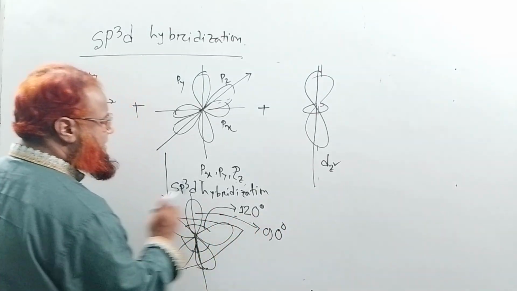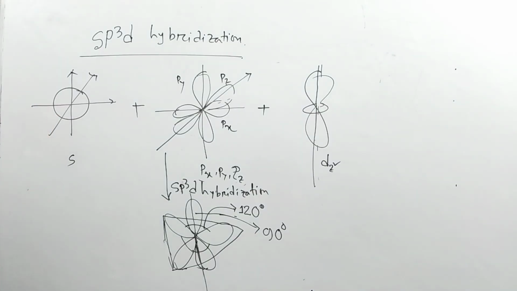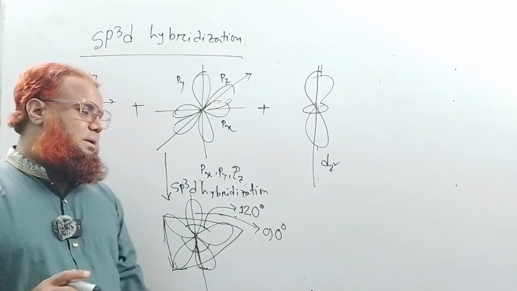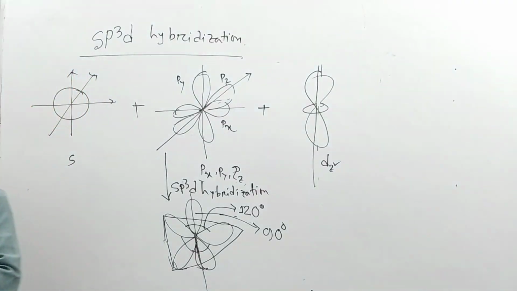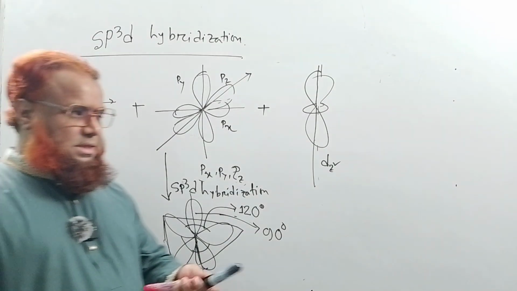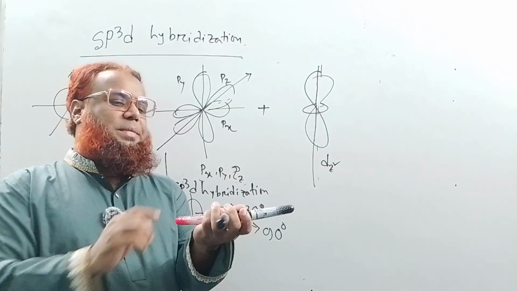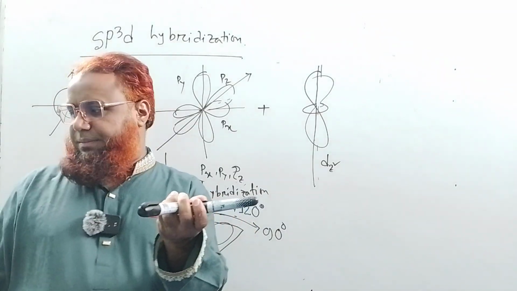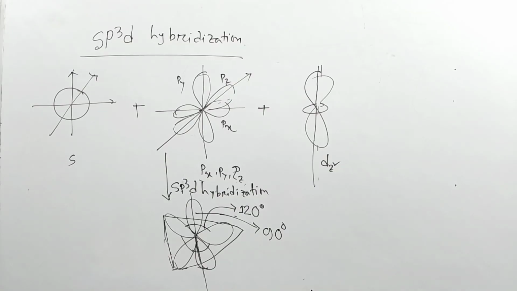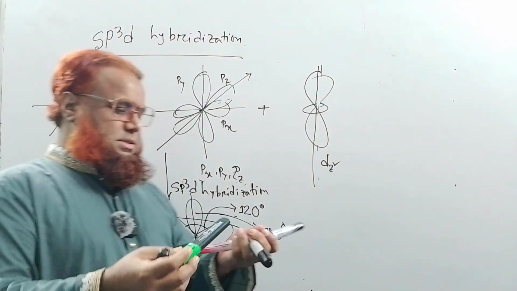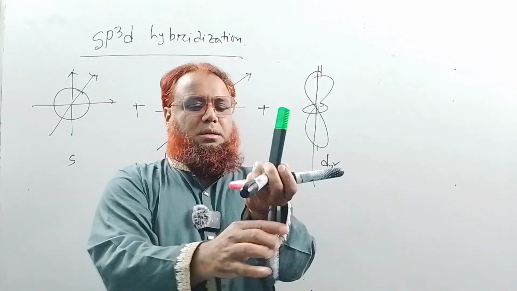So in this hybridization we can say that 2 types of bond angles are present among the hybrid orbitals. 3 orbitals will be present in this way, trigonal shape, and the rest of the 2 orbitals will make a perpendicular shape, like this. Look here, like this.